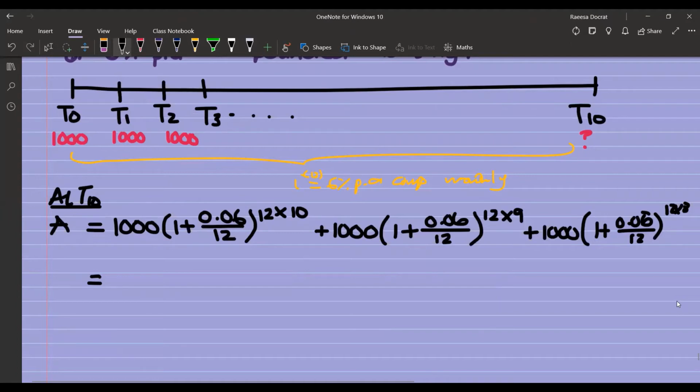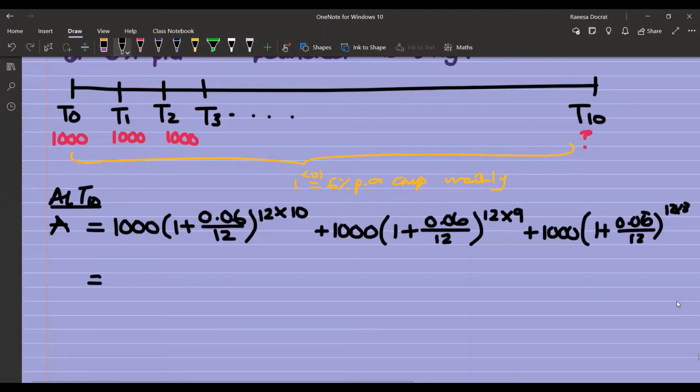So we have the monthly rate, and then we have to multiply it by the number of years because it's compounded monthly, plus the 1,000 Rand times 1 plus 0.06 over 12 to the power of this time 9 times 12, because that is in for 1 year less, plus 1,000 Rand times 1 plus 0.06 over 12 to the power of 8 times 12.